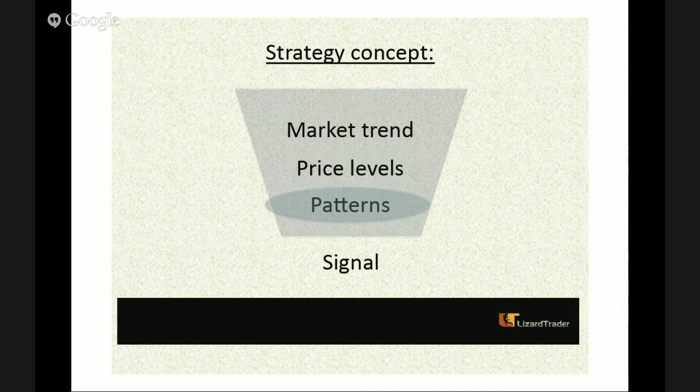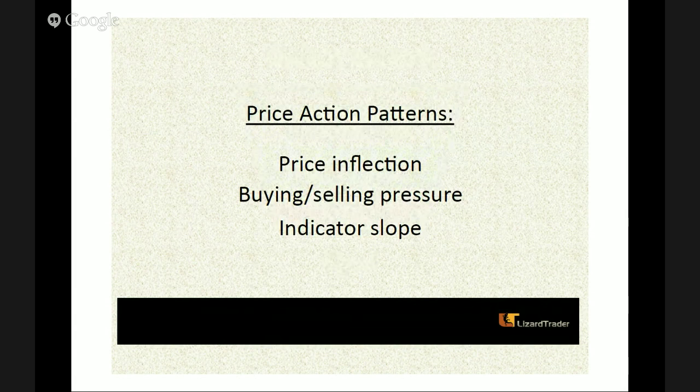And we do that finally now by entering our price action patterns. And that's basically going to be looking for certain patterns when the market is lined up with these price level zones. And we have a couple of examples lined up here.